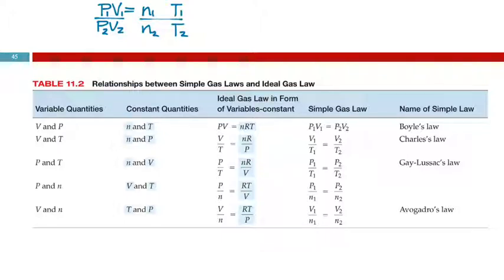So now we need audience participation. Pick 2 variables. N and T. Okay, so we're going to have n and T that are changing. Oh, yeah, that works. No, that's constant.